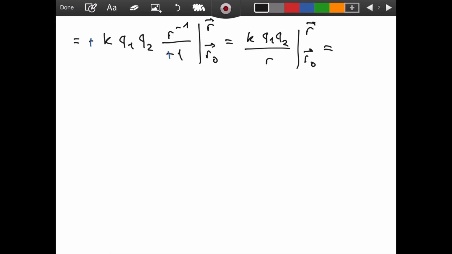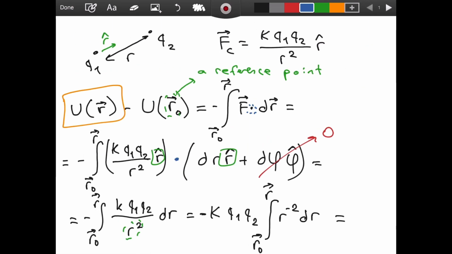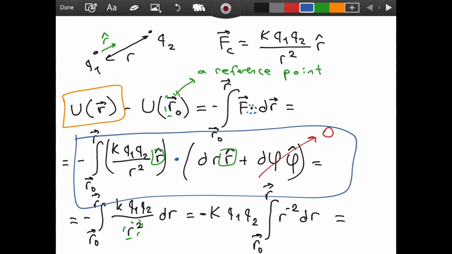So if we substitute our boundaries, what do we get? We will get, let's do it with blue, k, q1, q2 divided by r. And you don't even need to put vector arrows anymore, because after this step we don't have a vector, we have a scalar.